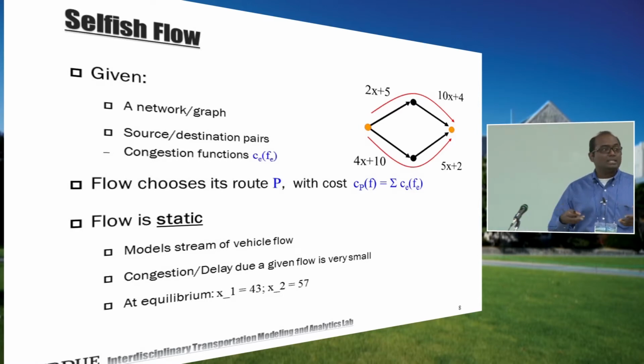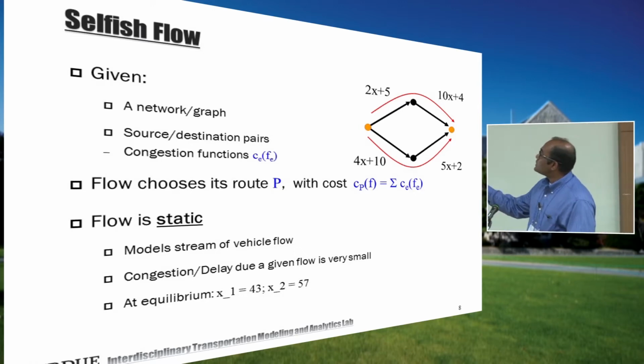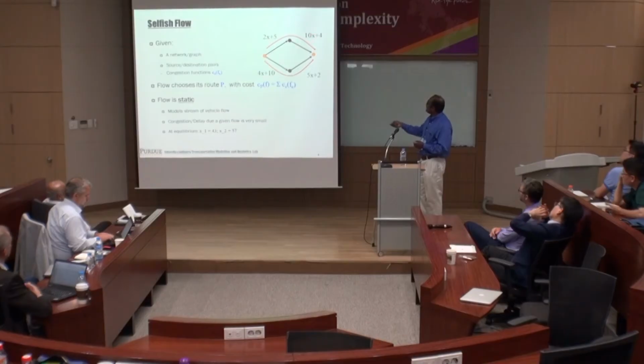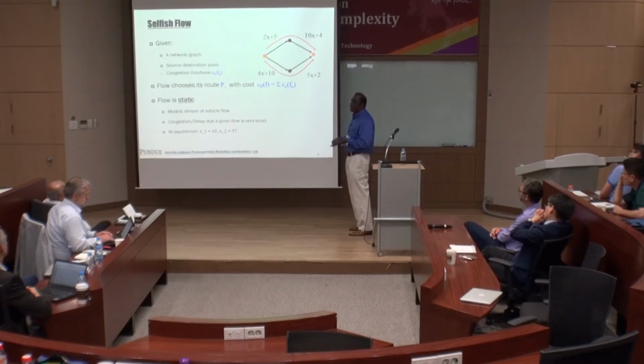But if I don't have any restriction on capacity, and there's infinite capacity, then it's just 2 plus 5, 10 plus 4, 4 plus 10, 5 plus 2. And if I were to route these 100 units of flow, how would I do that? Without the x, how would you solve that problem?